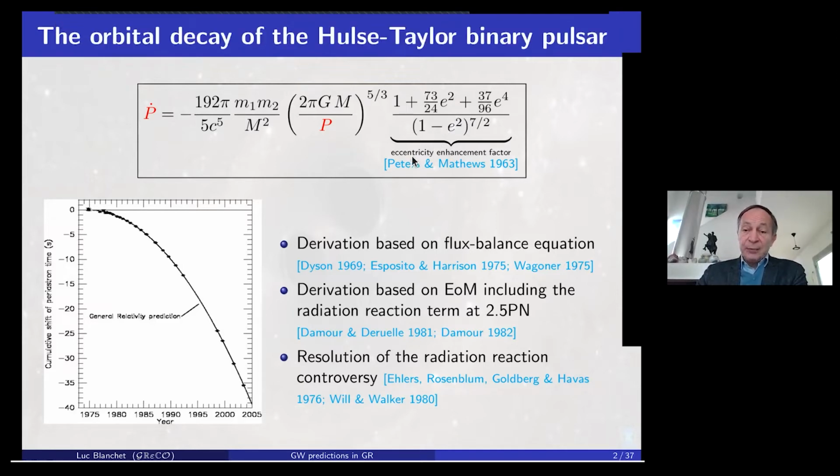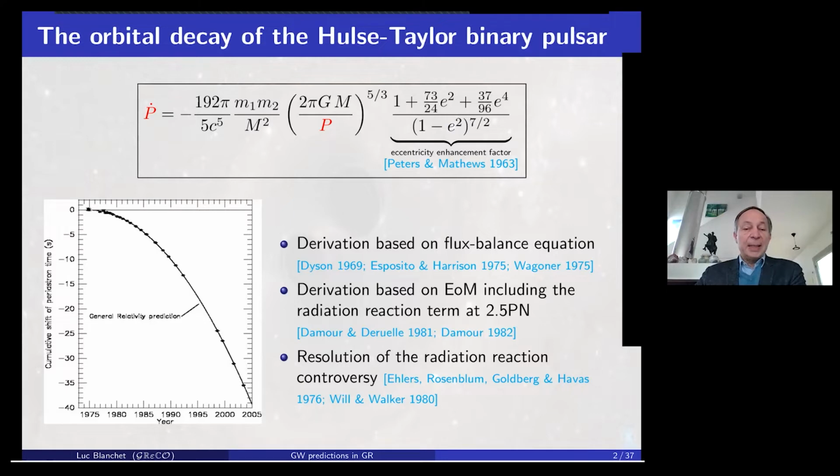This gives you an interesting eccentricity enhancement factor, which increases the effect on the orbital P dot, the decay of the Hulse-Taylor binary pulsar, by a good factor, which improves the test of GR and the check of that Einstein quadrupole formula for binary systems.